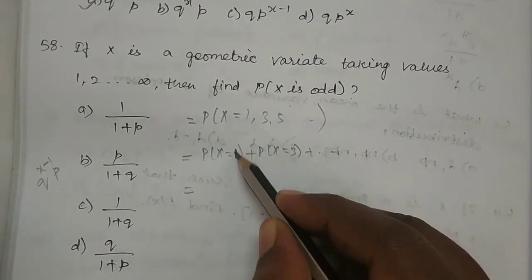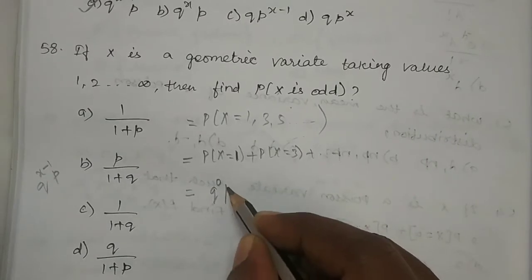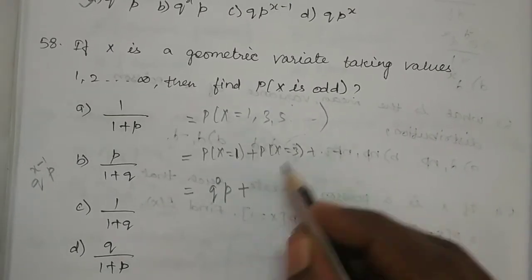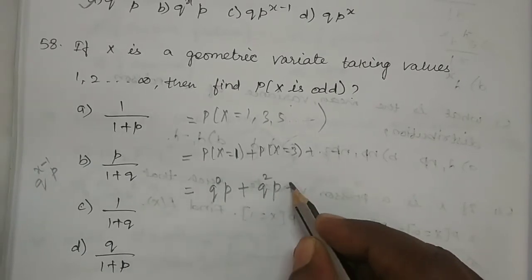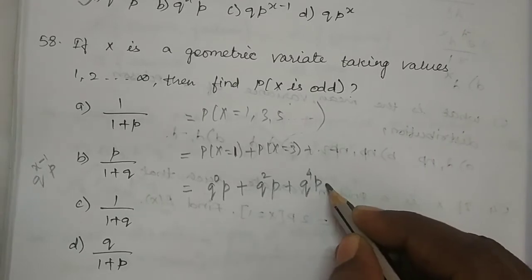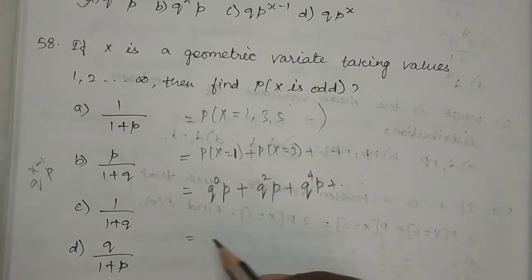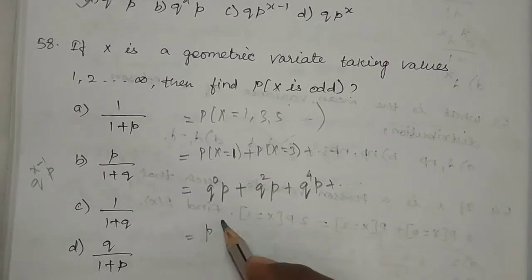Here if it is 1, then 1 minus 1 will become 0. So for the first term q power 0 p. Then for the second term 3 minus 1 will become 2, q square p. Then the next term will be q power 4 p plus etc. So which is equal to, let me take p outside.